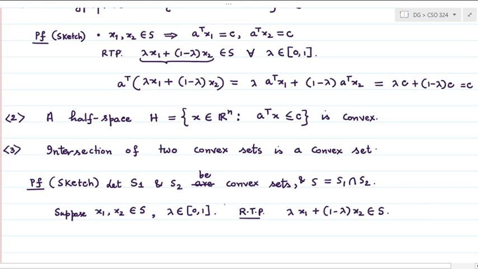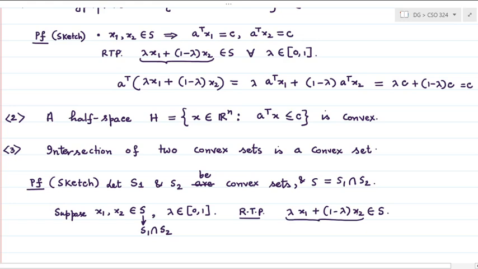The proof is very trivial, rather, because S is S1 intersection S2, and therefore x1, x2 both belong to S1, and also x1, x2 belong to S2. And once x1, x2 belong to S1, lambda x1 plus 1 minus lambda x2 belongs to S1, and separately also belongs to S2, and therefore this element belongs to S1 intersection S2, and that's all done.